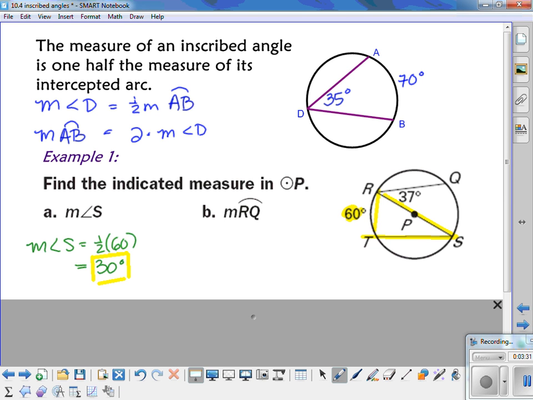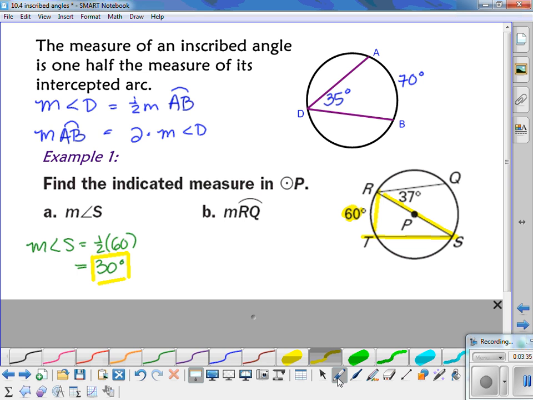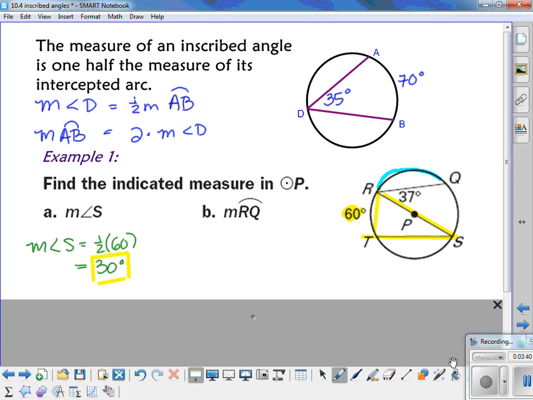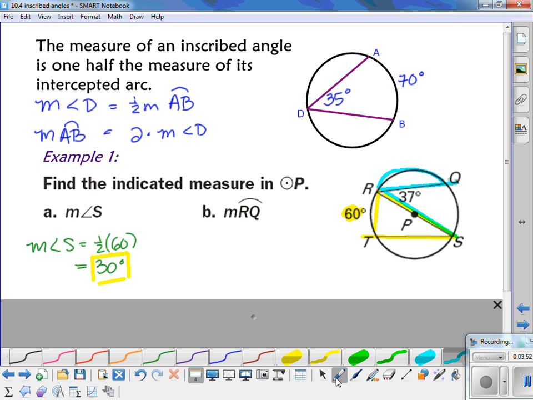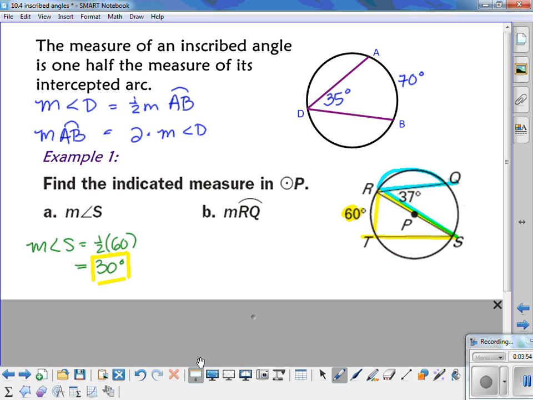And then they want us to find RQ. So that one's a little bit trickier. RQ is right here. And at first glance it looks like there's not enough information. But I notice that I've got this inscribed angle here that's 37 degrees. And if that's 37 degrees, then this arc over here is 74, 2 times 37.